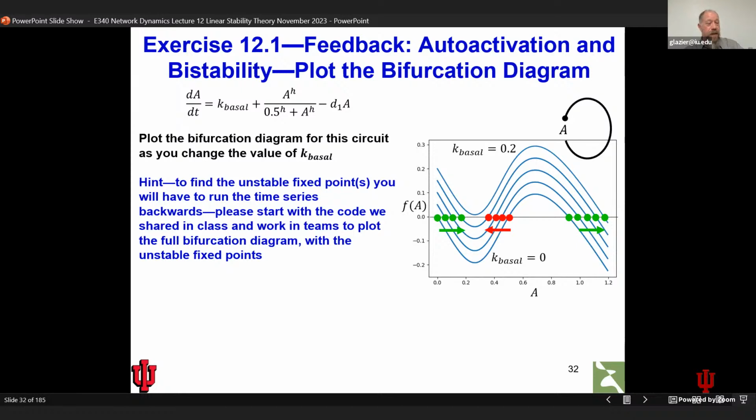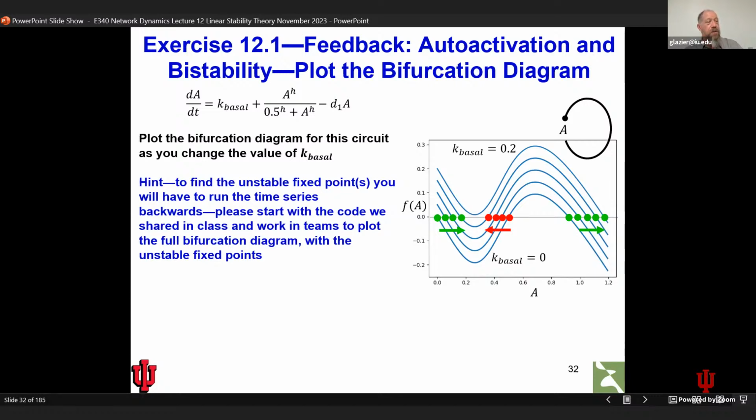And that seems initially to be quite hard, because if you start near a stable fixed point and iterate, you get the value of the stable fixed point. If you start near an unstable fixed point and run forward in time, you move away from it.